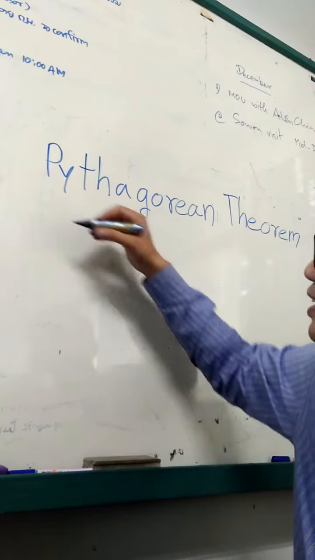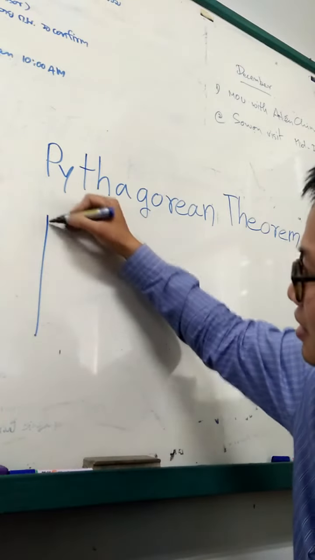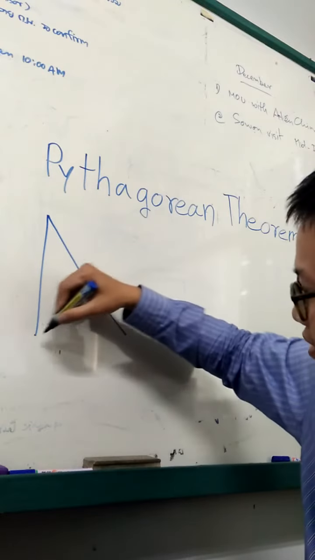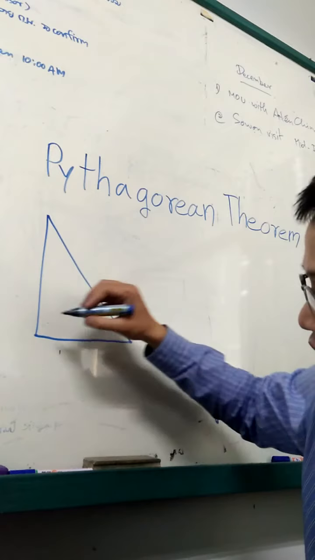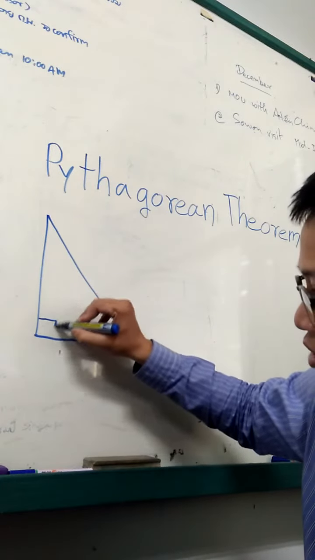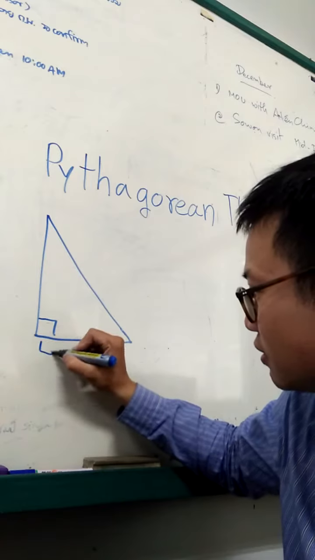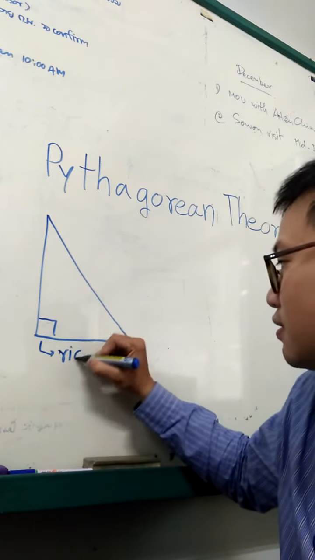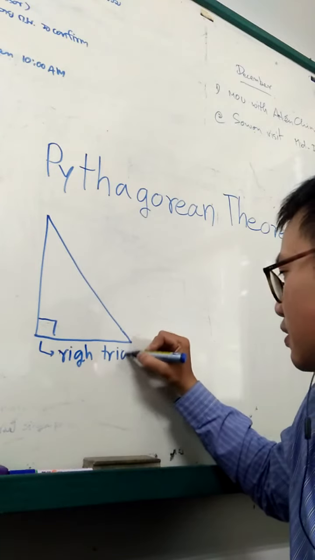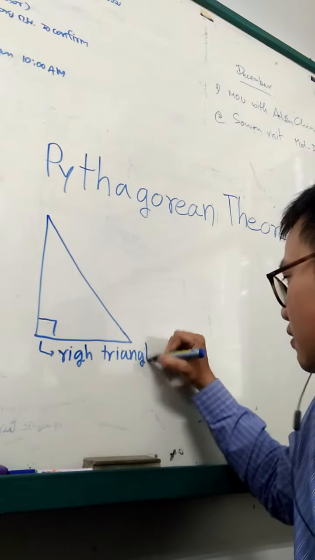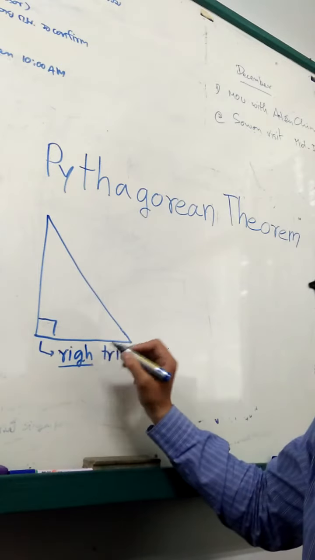Pythagorean theorem talks about this triangle, but this one is quite special. We call it a right triangle. Right triangle, okay?